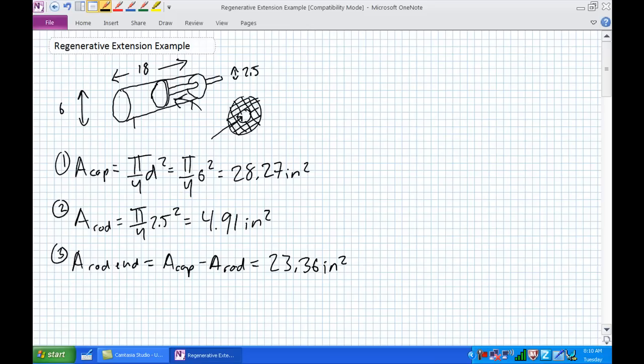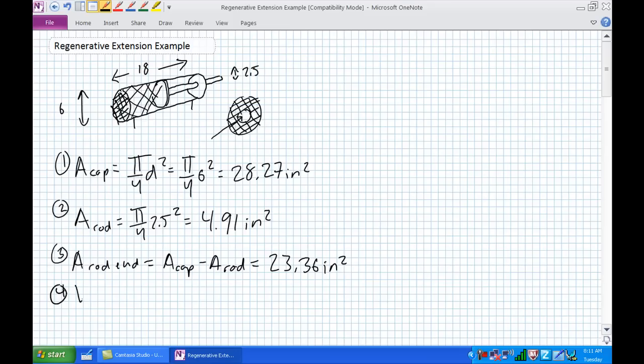Okay, so now since we are looking for time for extension, we're going to have to go ahead and figure out how long it takes to fill up this space right back here. And at full extension, meaning our cylinder has bottomed out at the rod end, it has traveled all this way. It's a cylinder with this functional area with a diameter of 6 that's 18 inches long.